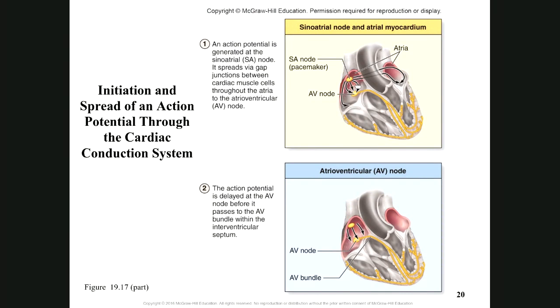You can see the generation of the action potential in the SA node spreading into the atria, and the red color shows you the contraction. You see that when all parts of the atria go to contraction, then the AV node can start sending the information to the AV bundle. It goes to the AV bundle and then the bundle branches.